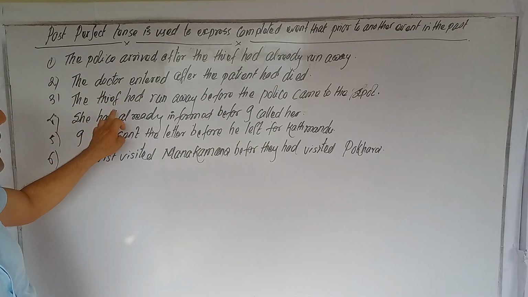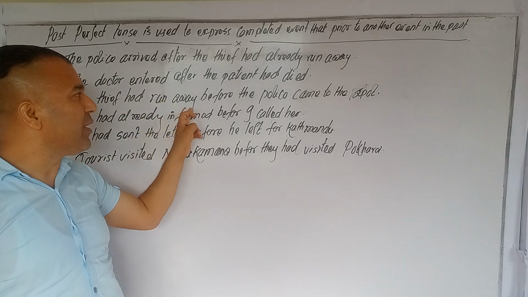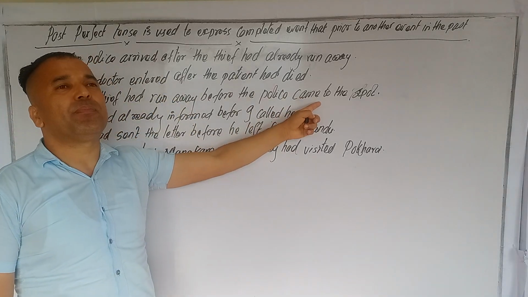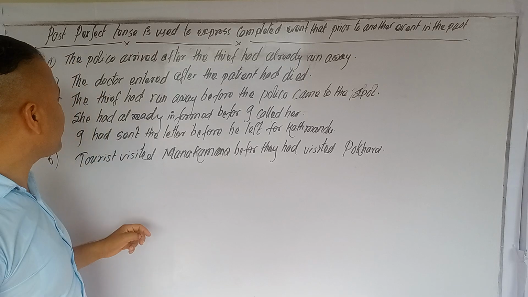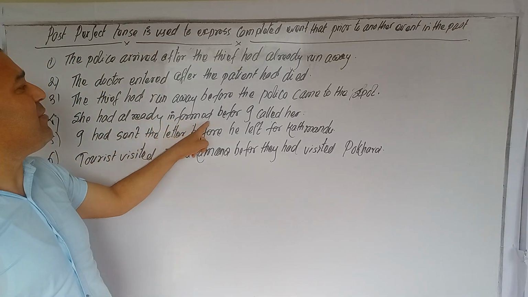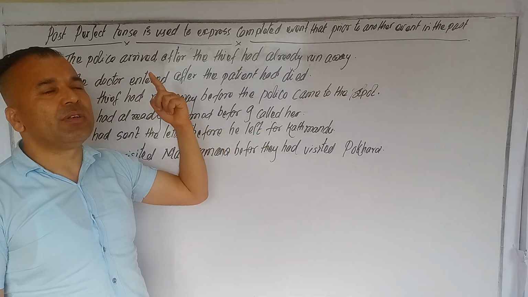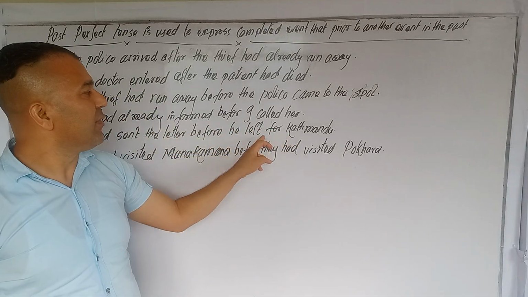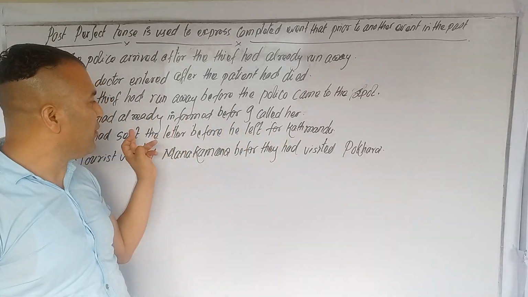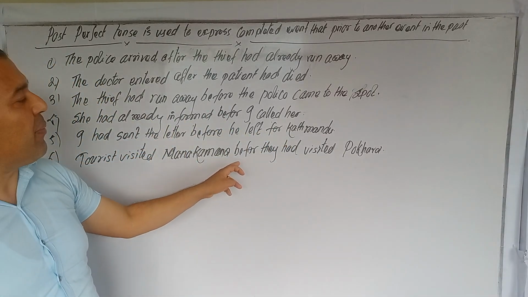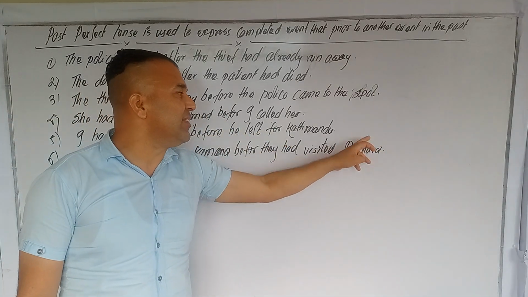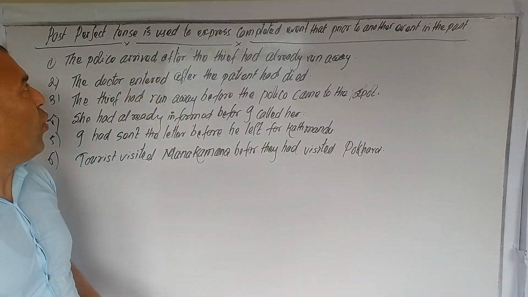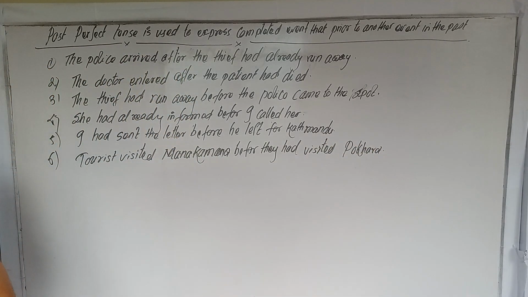The thief had run away. Complete action. Police came. She had already informed before I informed. Complete action. Tourists visited Mugling before they had visited Pokhara. Complete action. Understand? Alright, this is the condition in which we use past perfect tense.